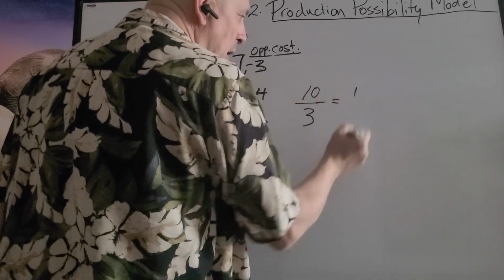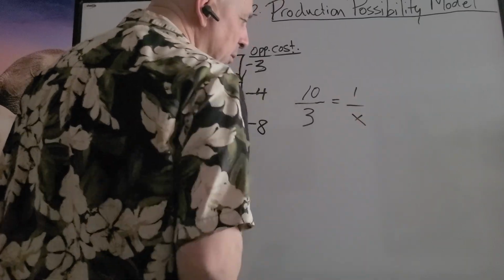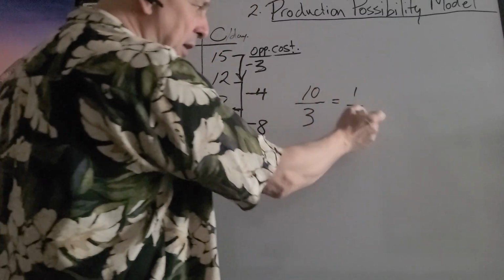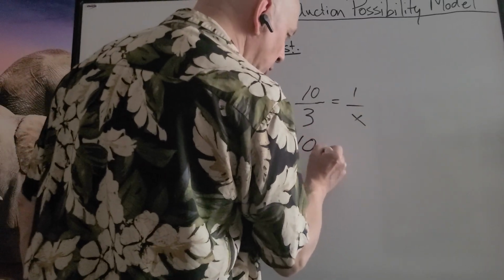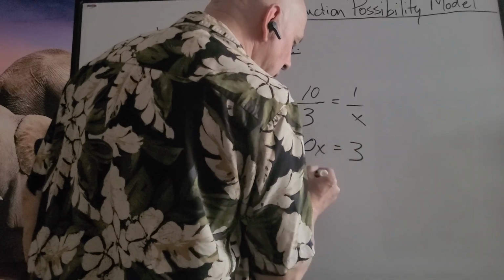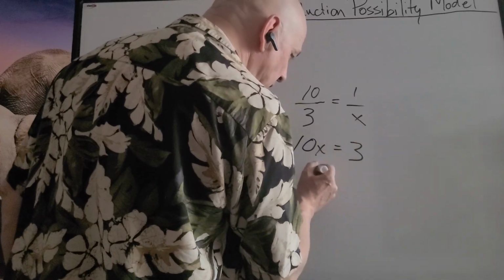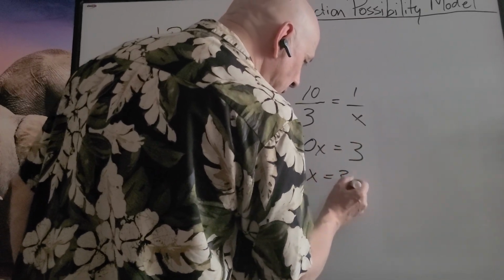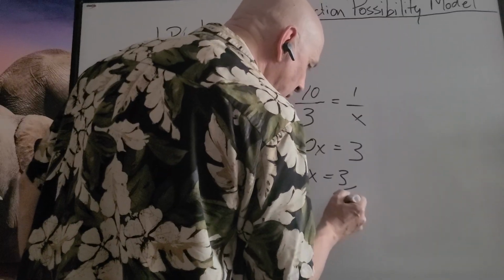So how much is 1 going to be? Okay, so there we're just going to cross multiply and then divide by 10. So x is going to be 3/10.